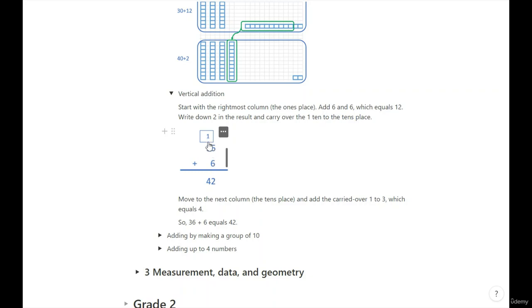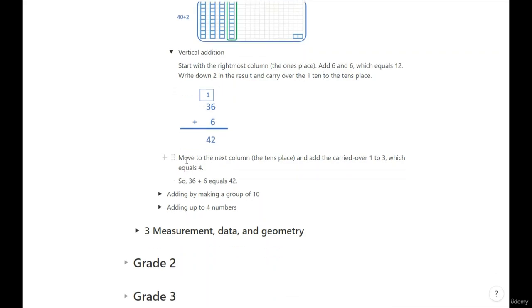Then we can see now we need to add the tens place. So there is a carried over 1 plus the original 3 tens, or carried over 10 plus the original 3 tens. Then we will get 4 tens here. So in this step we need to move to the next column.